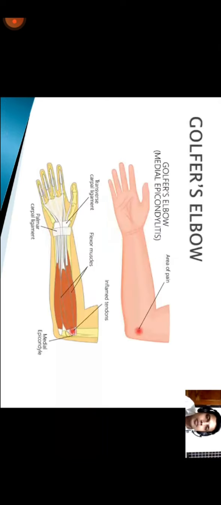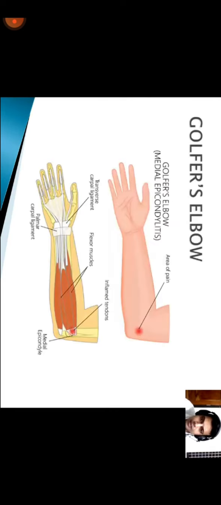Then coming to Golfer's elbow. Golfer's elbow is the counterpart of tennis elbow. It affects the medial epicondyle. It is also called medial epicondylitis. And here the pain is experienced at the medial epicondyle or the common attachment of flexor tendons of the forearm.